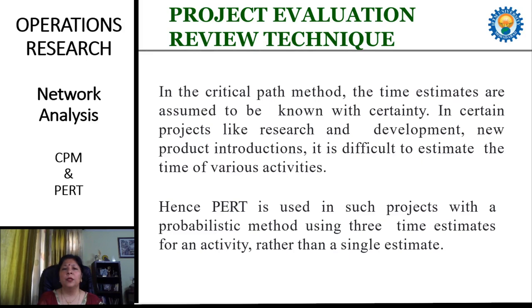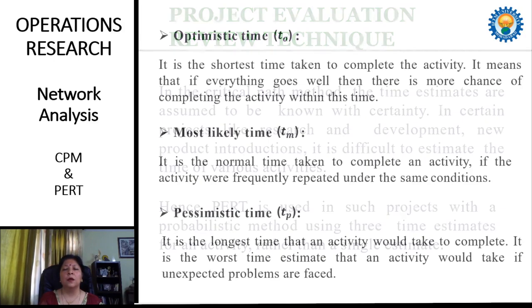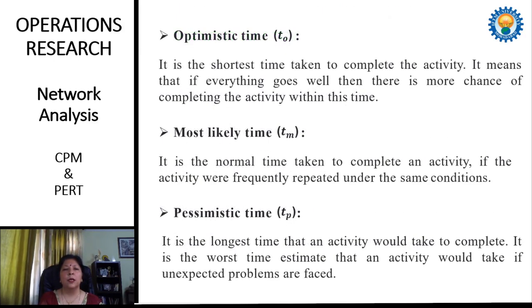In the critical path method, the time estimates are assumed to be known with certainty. In certain projects like research and development and new product introduction, it is difficult to estimate the time of various activities. Hence, PERT is used in such projects, with a probabilistic method using 3 time estimates for an activity rather than a single estimate. These are called optimistic time, most likely time, and pessimistic time.